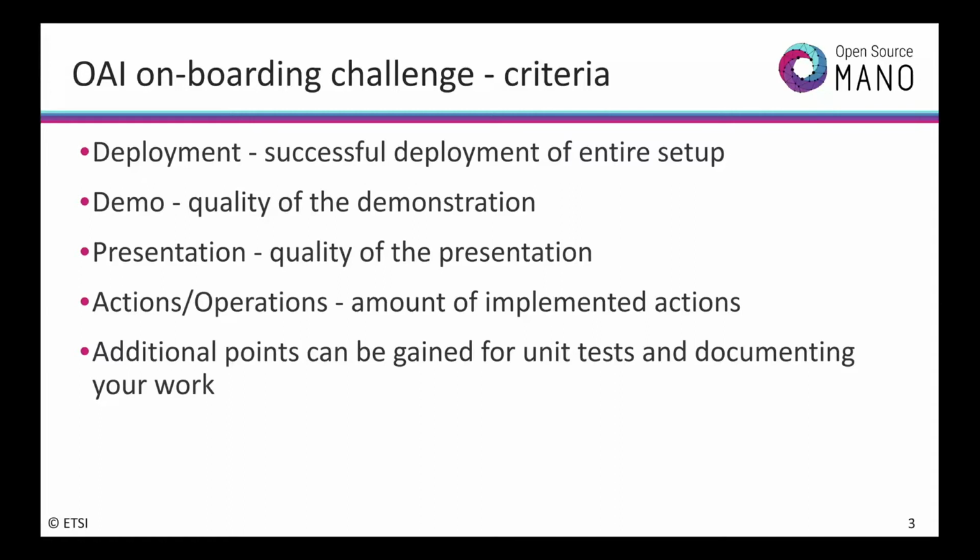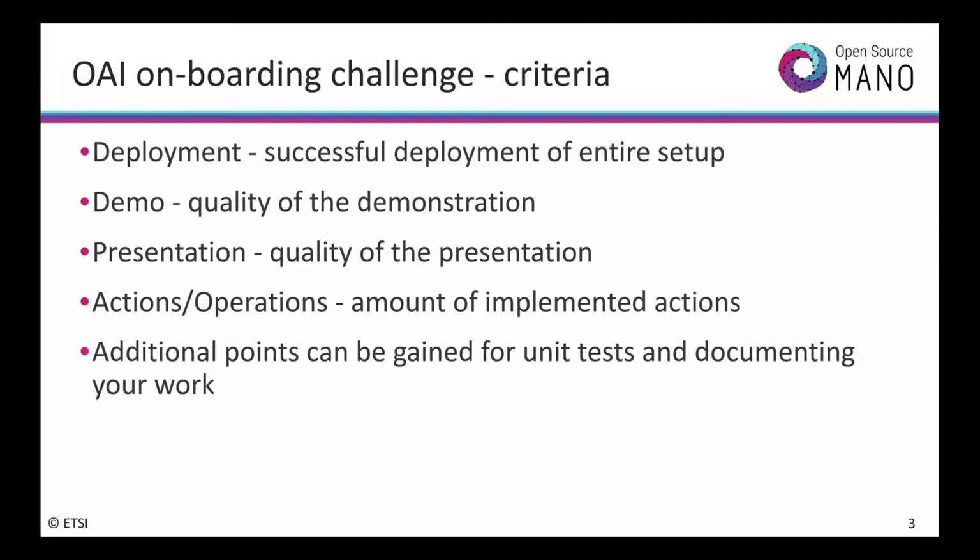Bullet point number 3, the presentation. This is about the quality of the presentation, how well you describe things, and how understandable your demo presentation is. The next bullet point is about actions and operations: how many of these additional operations, like configuration change or scale up, you were able to develop successfully.